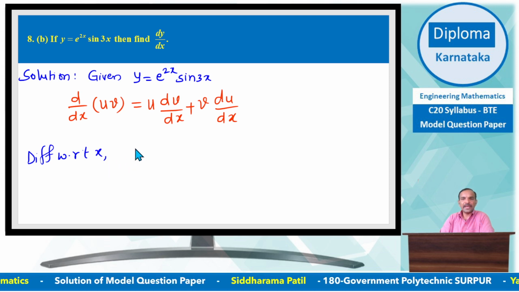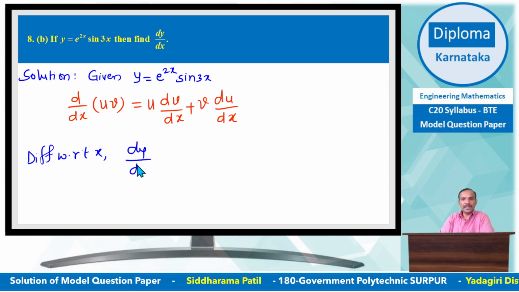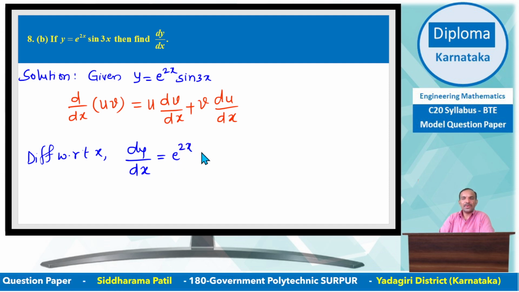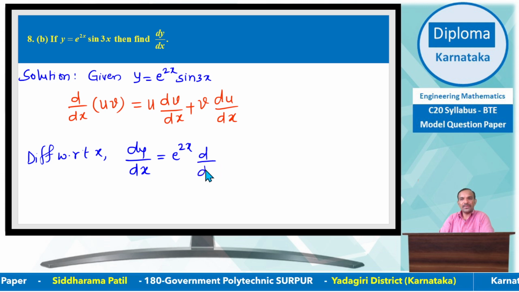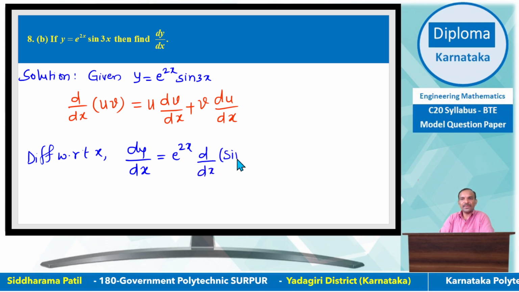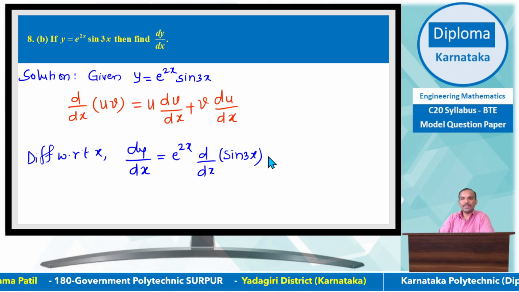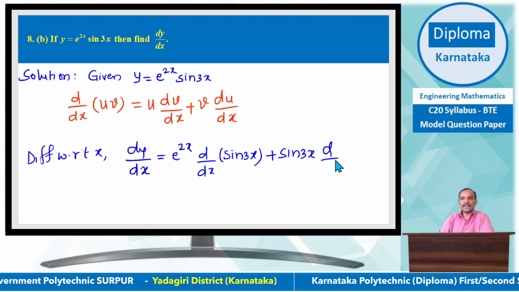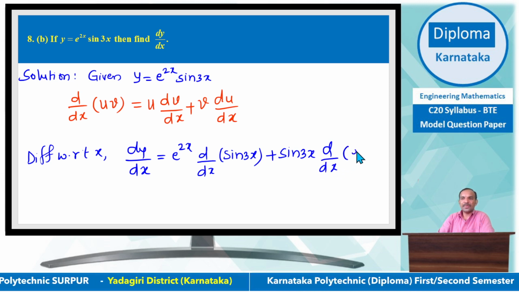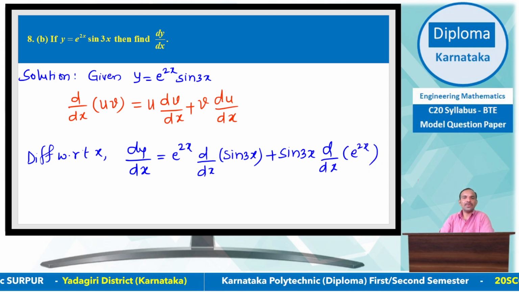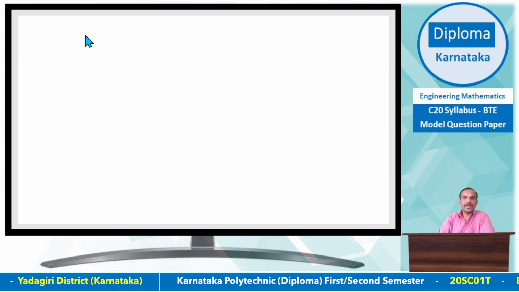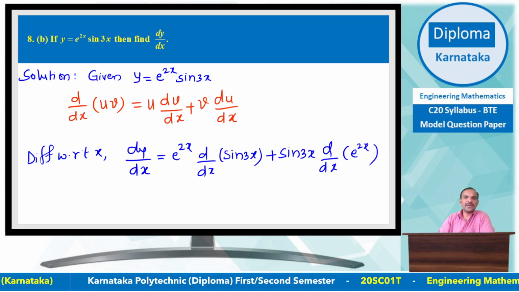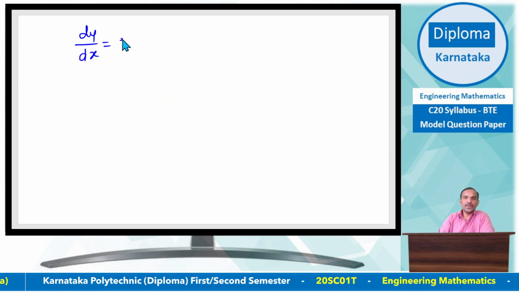dy by dx is equal to first function as it is, e to the power 2x, derivative of sin 3x, plus sin 3x as it is, differentiation of e to the power 2x.